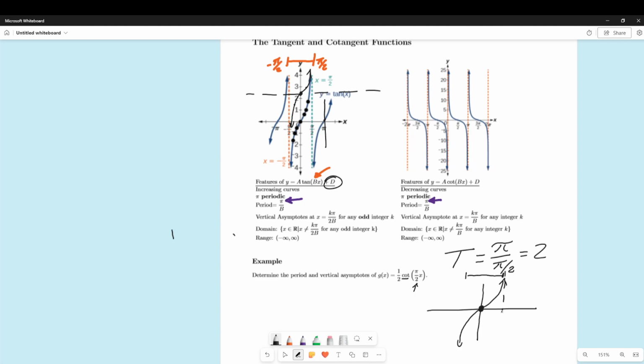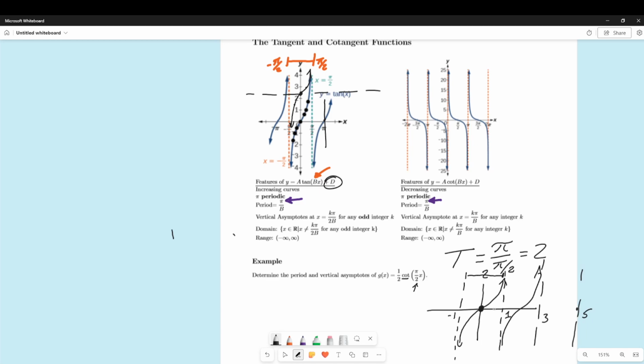So tangent, if that period is 2, then this is going to be at 1, and that's going to be at -1. So tangent would have asymptotes at 1 and -1, and then the next one would be 2 away at 3, and then 2 away at 5, and so on. And again, you can see the odd integers.